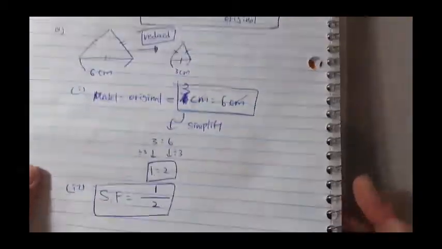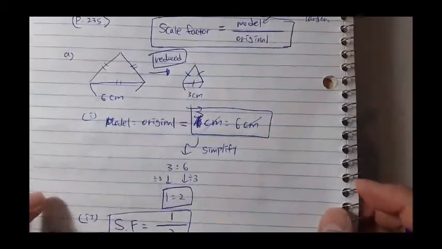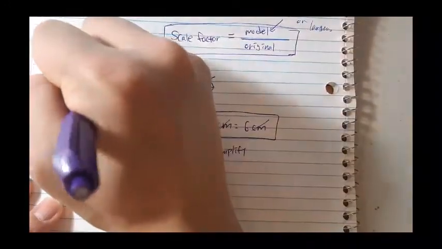Now, this is a two-dimensional situation. Now a three-dimensional situation, which is my B situation.